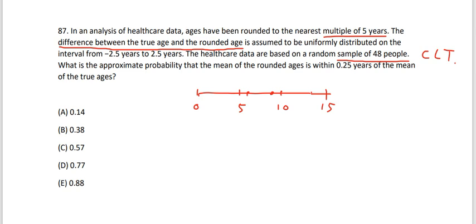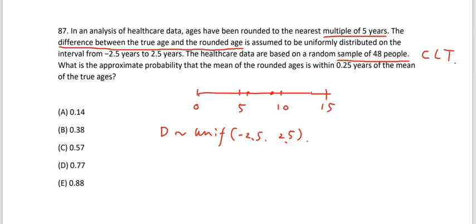The difference D between true age and rounded age follows a uniform distribution between negative 2.5 and positive 2.5. This is for each person.